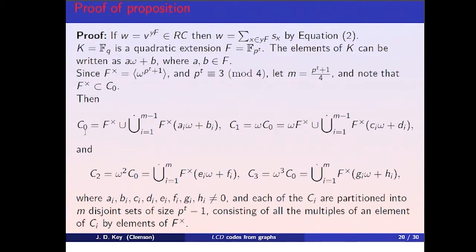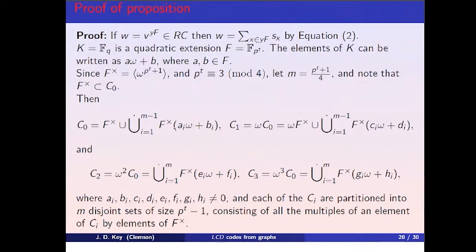So we're taking C0, C1, C2, C4. These are the baddies. This is M across here, these two, C0 union C1. C1 is just omega times C0. C0 is all the multiples of omega to the 4. So I've divided them out into F, and then a bunch of M minus 1 of this form here.